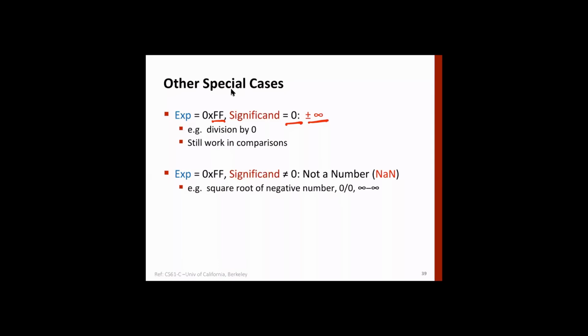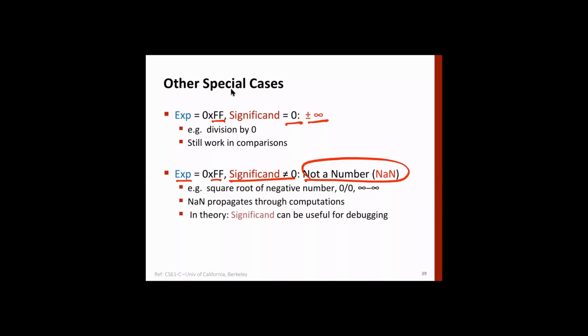Note that this is just a representation. And when exp is ff and the significant is non-zero, we say this is a NaN, not a number. So these are the cases that we have. The rest of the things are just an explanation of what we have discussed so far.